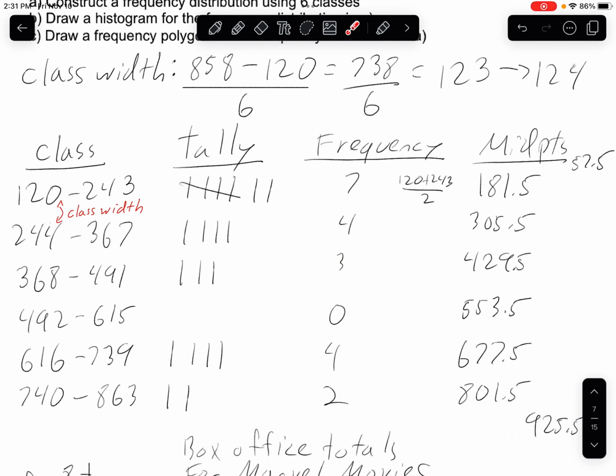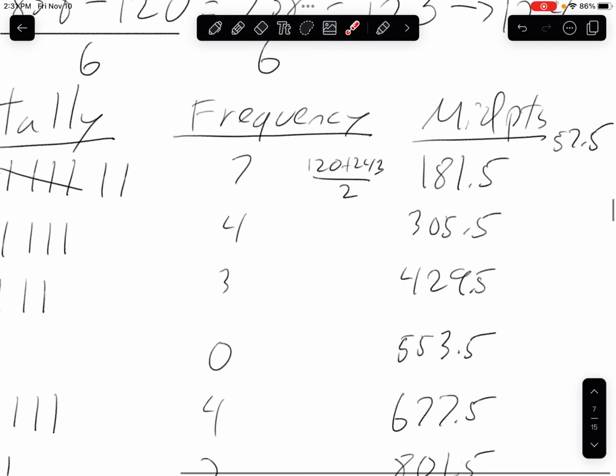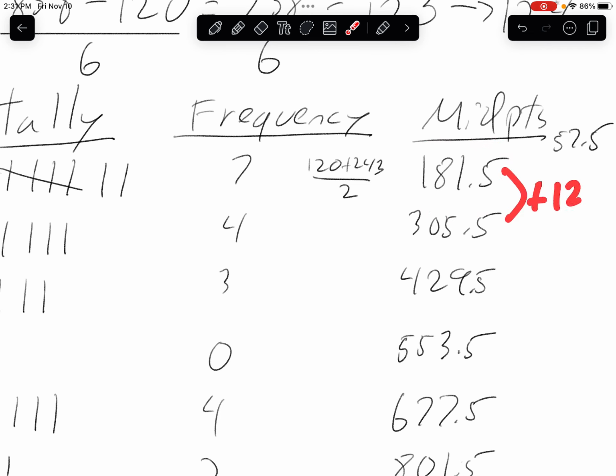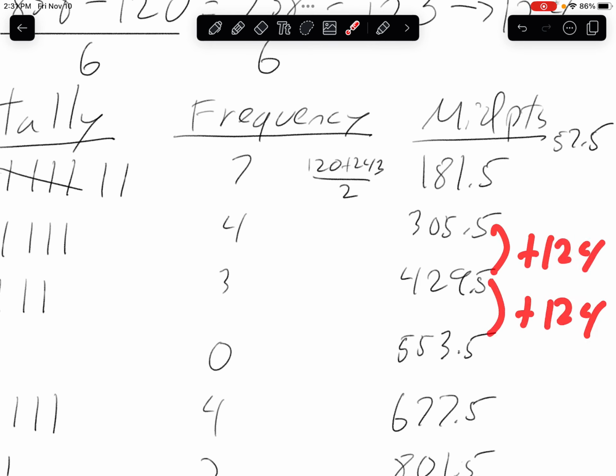The faster way to find all these midpoints is to calculate the very first one right here, and then add the class width, 124, to get each subsequent value.